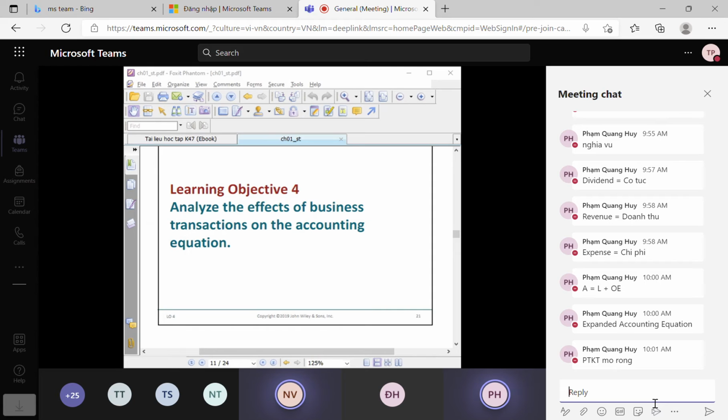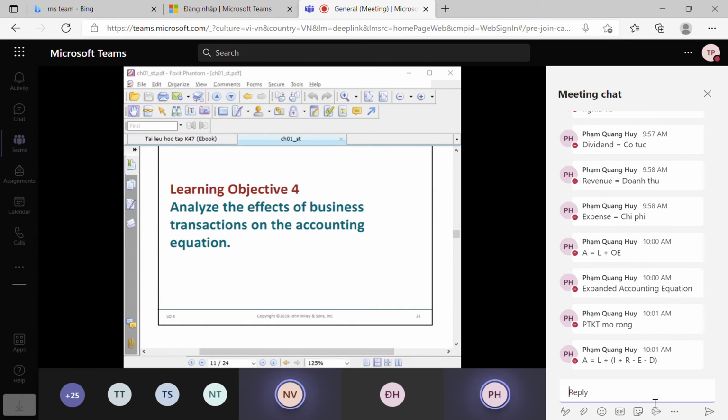The owner equity means this is the expanded accounting equation.